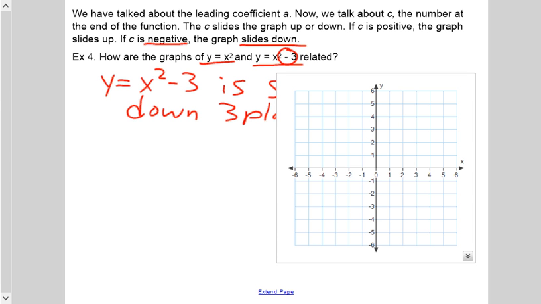The graph of y equals x squared would be something like that. The graph of y equals x squared minus 3 would be the same width. It would still be opening up. The only difference is that the vertex gets slid down 3 places.